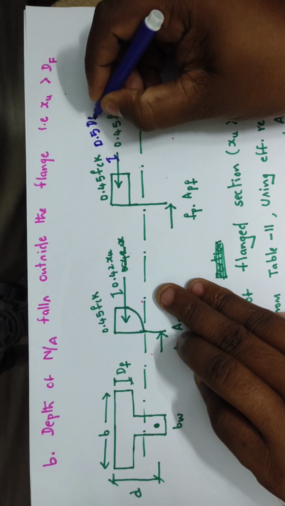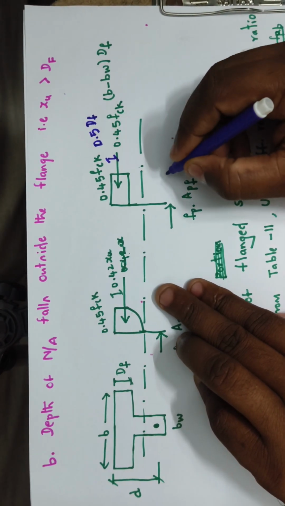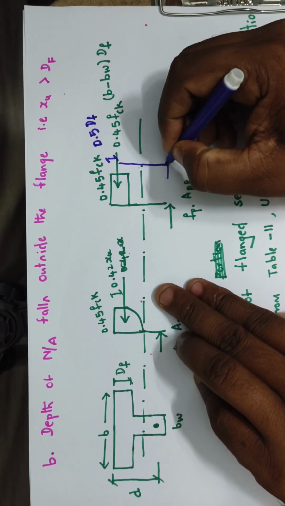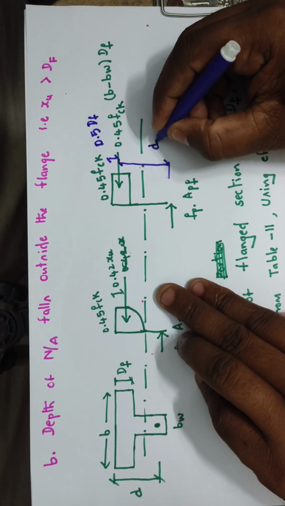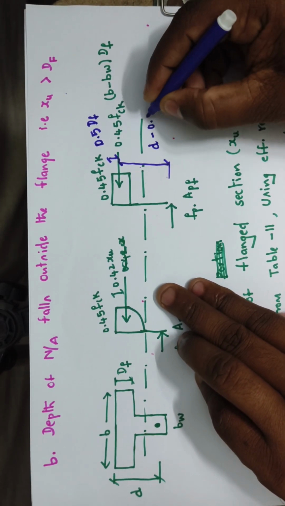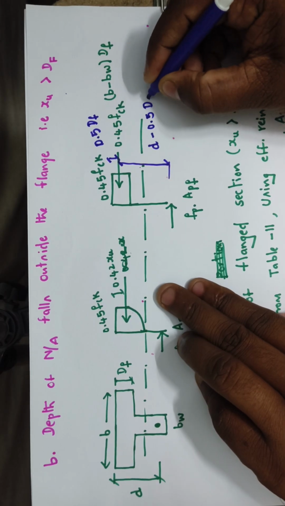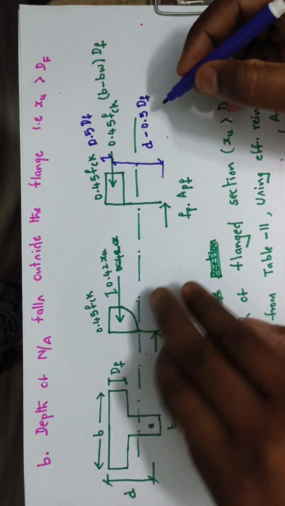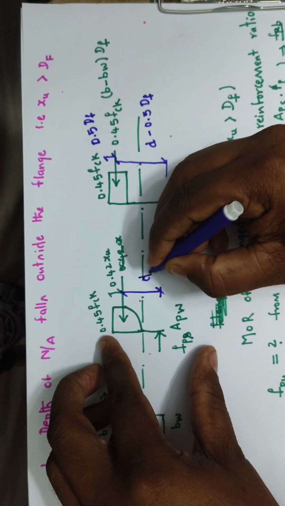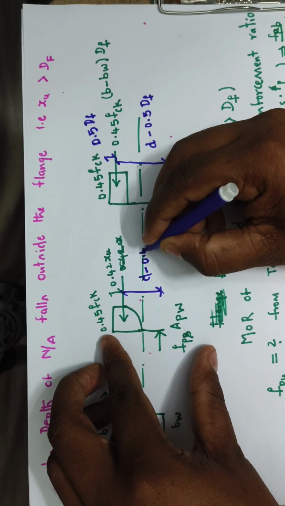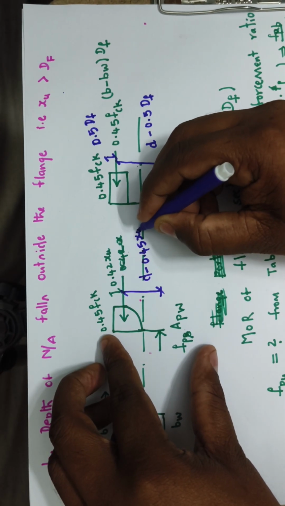or 0.5 Df. Then the lever arm will be d minus 0.5 Df. Earlier this value was d minus 0.42 xu, right?